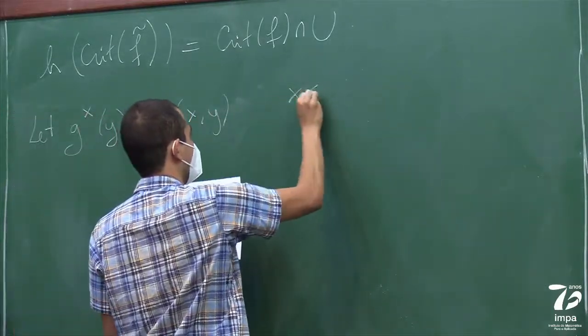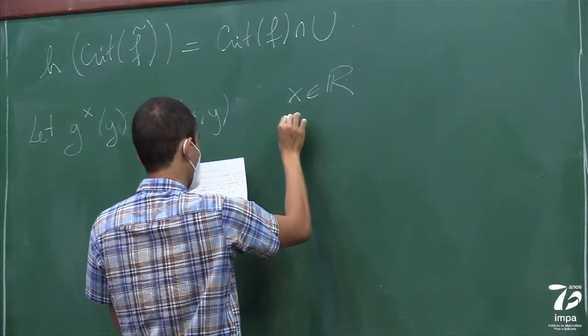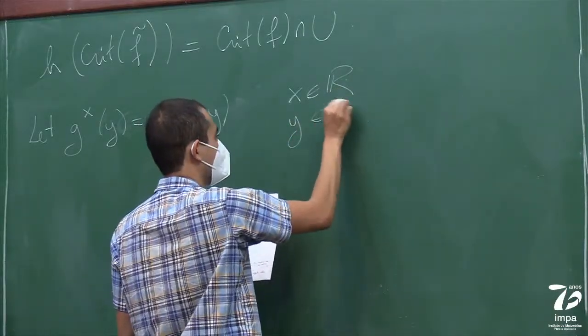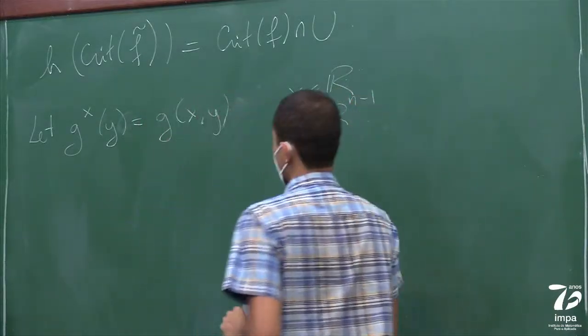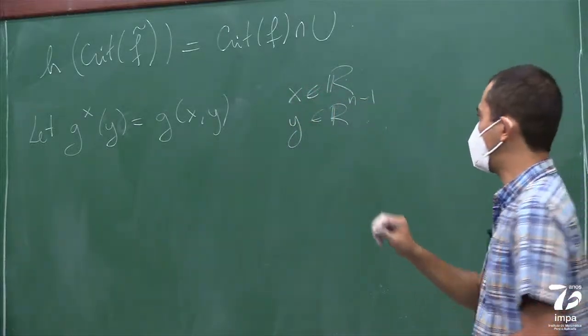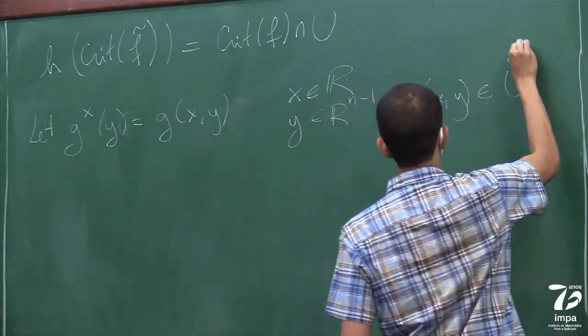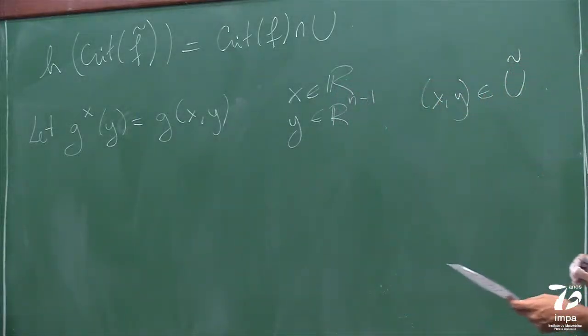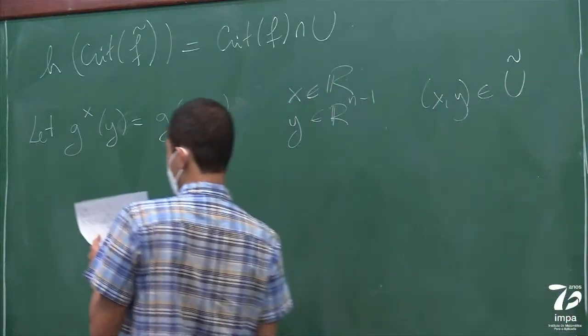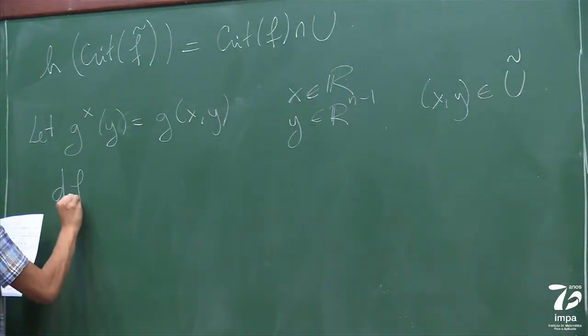So x is a point in R, and y is a point in R^(n-1), provided that (x, y) is in U tilde, in the domain of g.